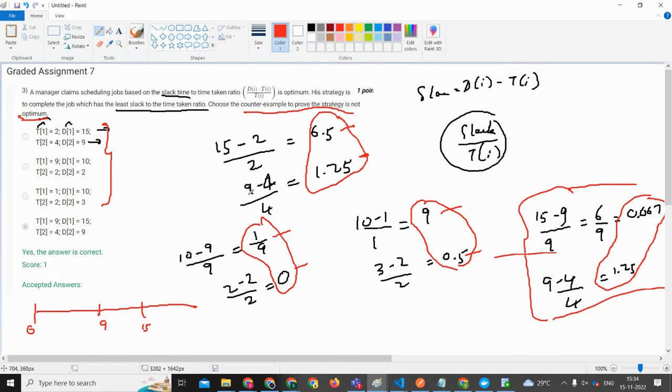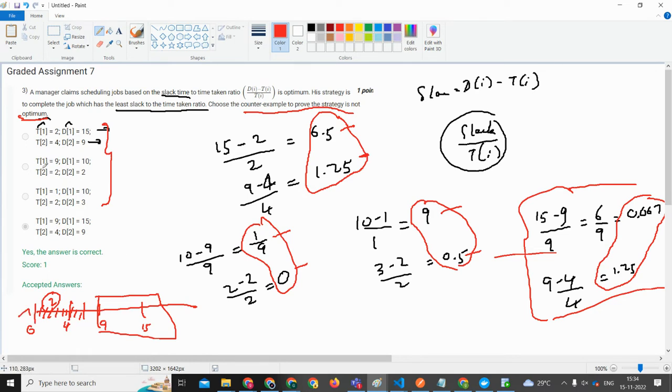The second job has the lower slack time, 1.25, so it takes 4 hours. We complete the second job for 4 hours, then for 2 hours we do the first job. There is no deadline barrier; we are able to complete both tasks before the deadline.